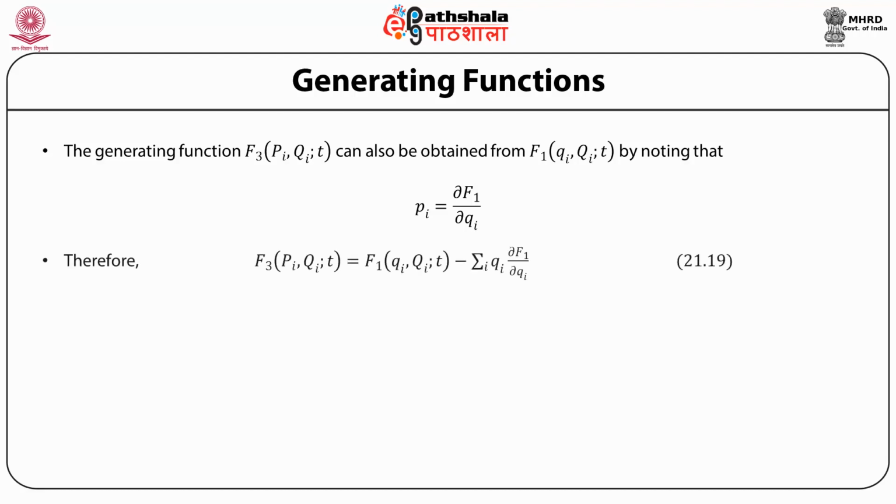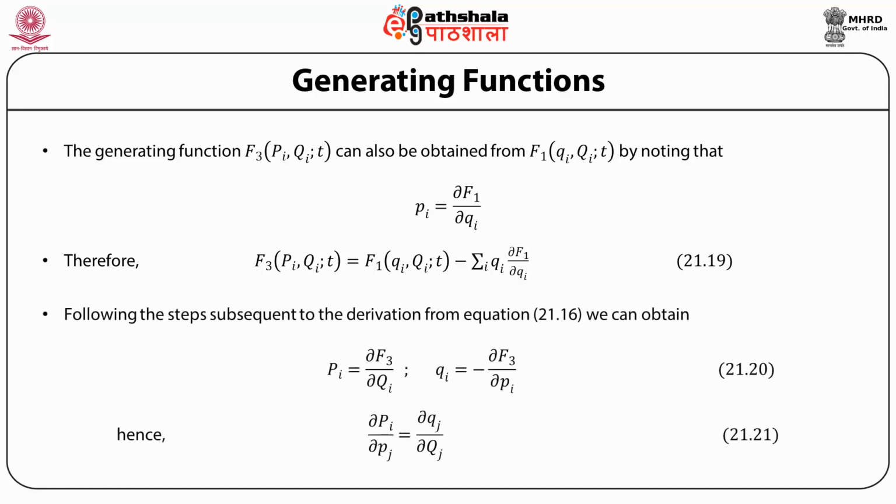So we write F3, as a function F1, which is a function of old coordinates and new coordinates, minus sigma over i qi times the partial derivative of F1 with respect to qi. Following similar steps, we can obtain the equation 21.21, which relates the partial derivative of the new momenta with respect to the old momenta with the partial derivative of the old coordinates with the new coordinates, and likewise the equation 21.24.